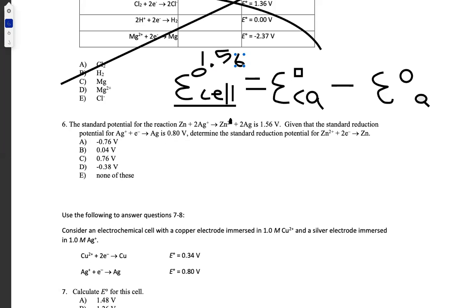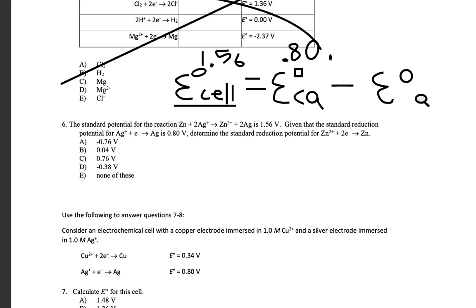So we look at that and we say that Ag is gaining an electron, so it is going to be this one. And I think this is going to end up being another one of the backwards ones, which she also hasn't explained yet, and we'll get to that when we get to that.